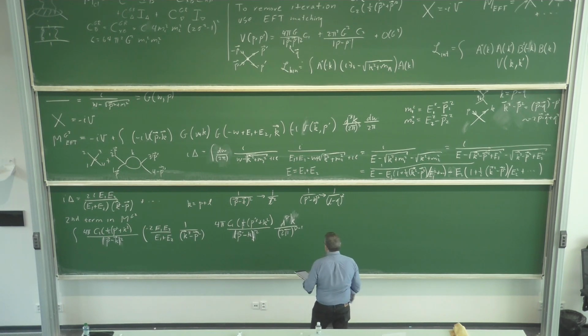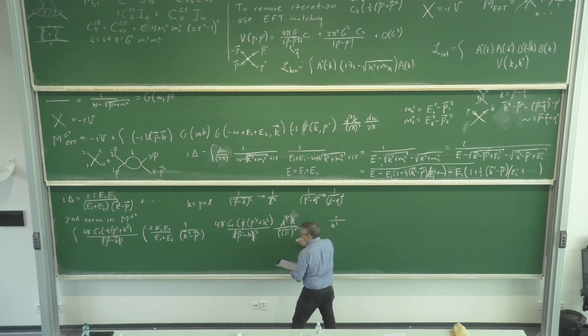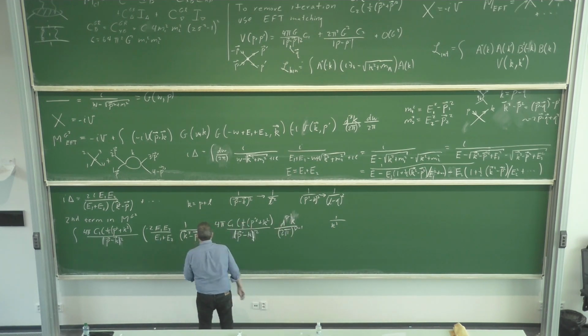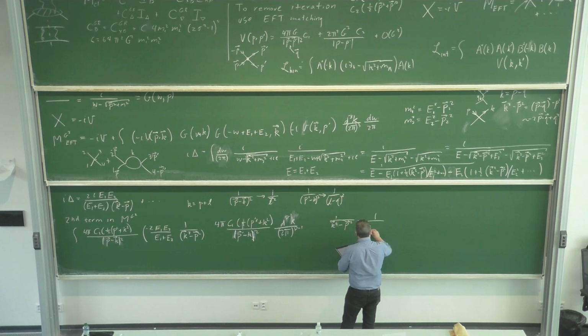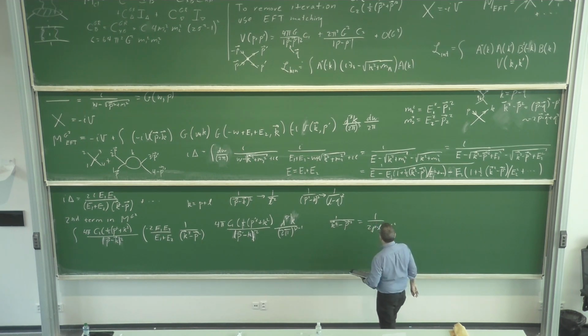And then under that change of variables, 1 over this propagator here, k squared minus p squared, we can rewrite as 1 over 2p dot L plus L squared.